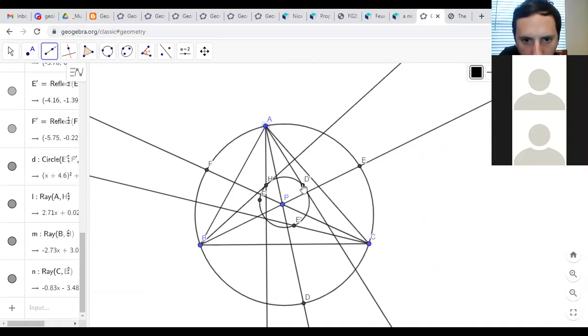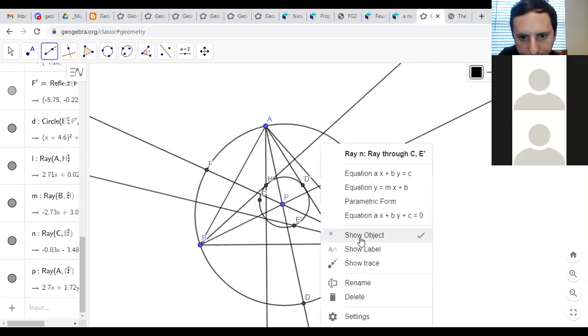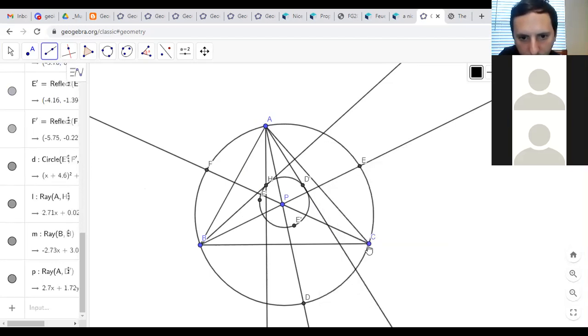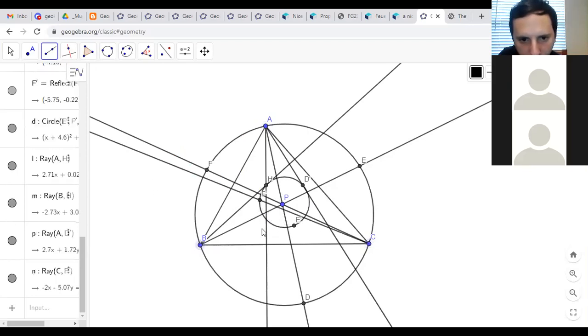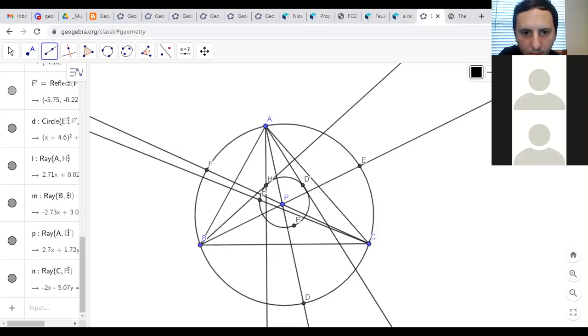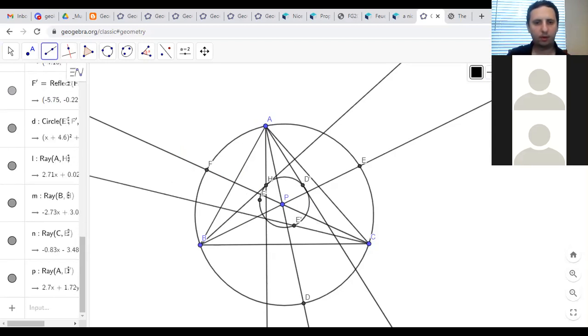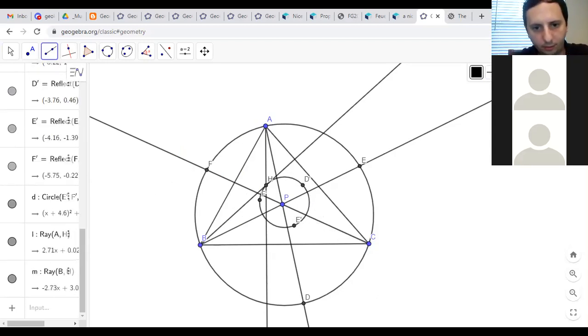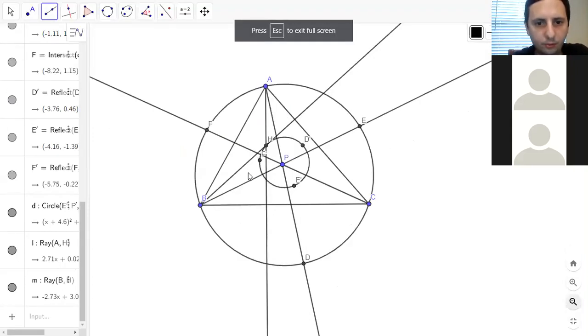No, we have AD prime, CF prime, and BE prime. Wait, I'm confused. Well, first, can we show that these lie on a circle? D prime, E prime, F prime, and H.